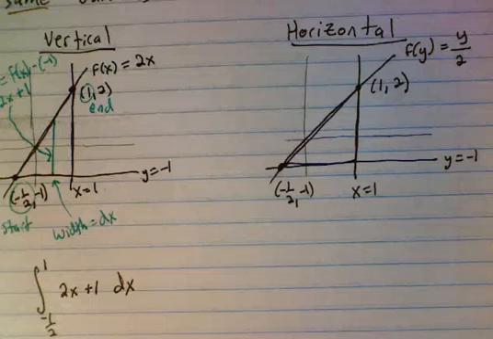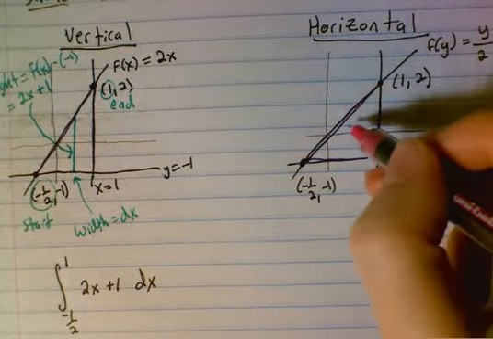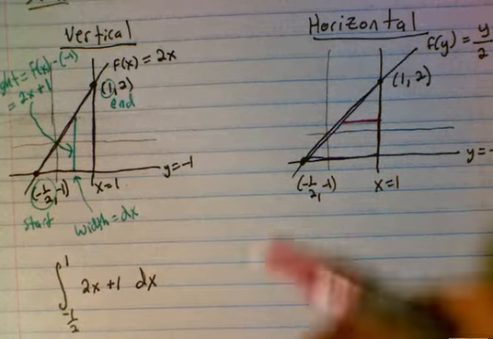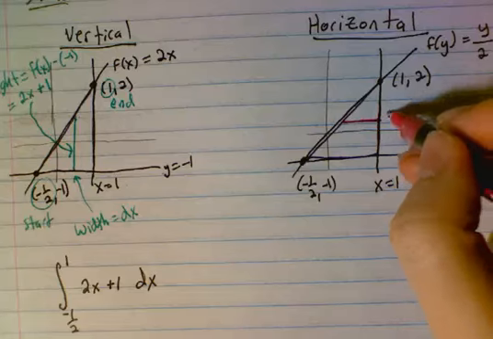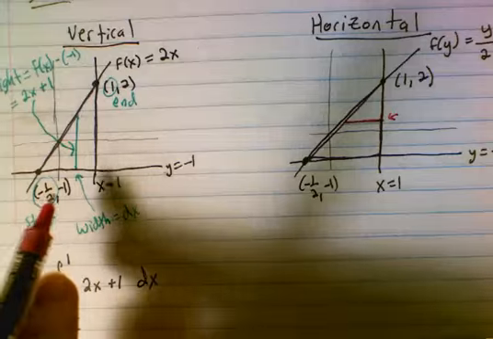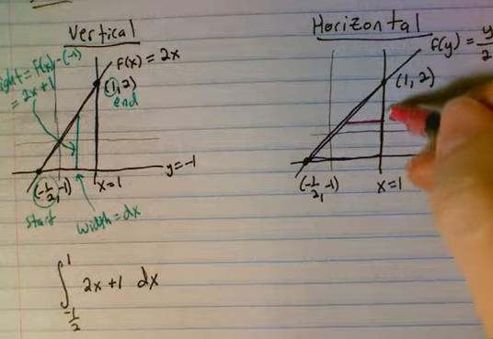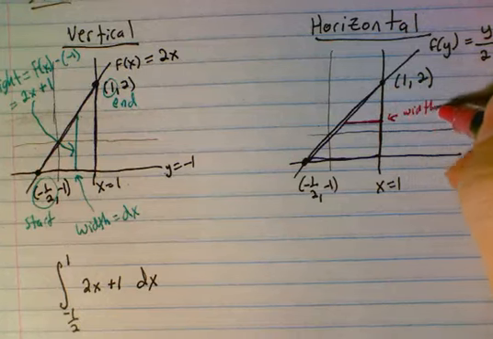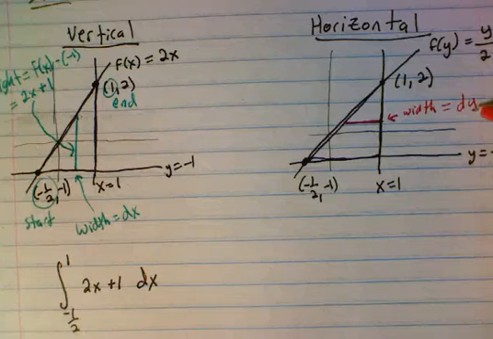But now, instead of drawing a rectangle up and down, we're going to draw a horizontal rectangle from side to side like this. So what changes here is that now, instead of having a dx width, our width is infinitely small in the y direction. So width is dy instead of dx.